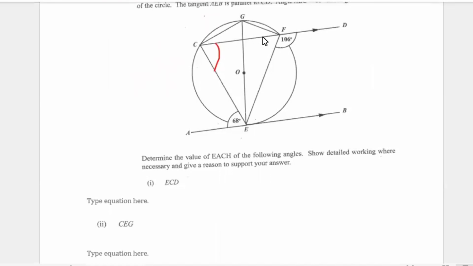Anybody, what is the angle here at ECD? The angle is 68. How is it 68? Tell me, how is it 68?